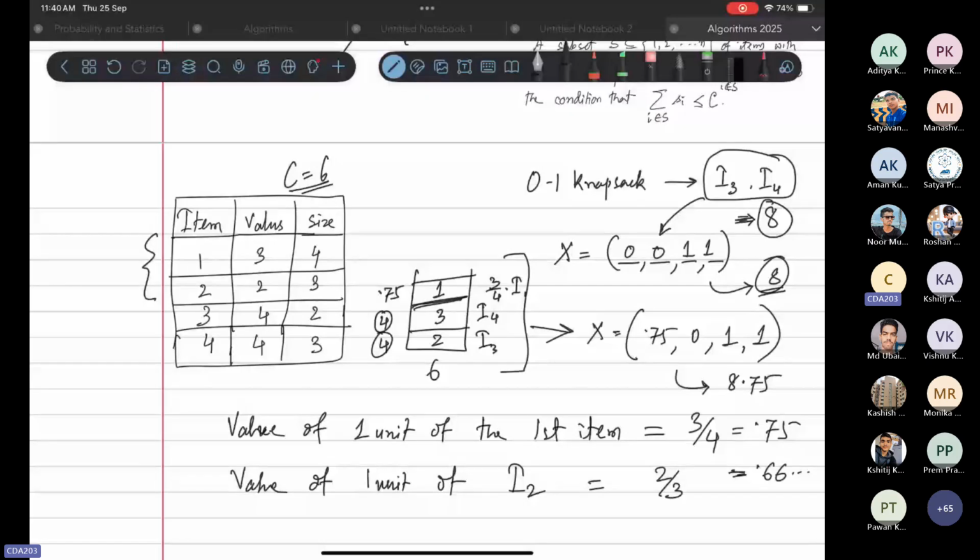Suppose that we are at the initial stage when I've not taken any item in my knapsack. The knapsack is empty. I can take any of the items. At the initial stage, which item would you like to choose? Initially, we'd like to choose the item whose per unit value is maximum.